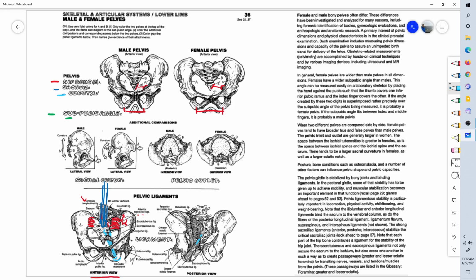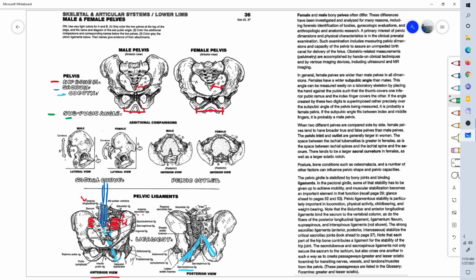The sacrotuberous ligament. From the sacrum to the ischial tuberosity, and this is actually palpable. You can feel it underneath the gluteus maximus muscle, a taut ligament.